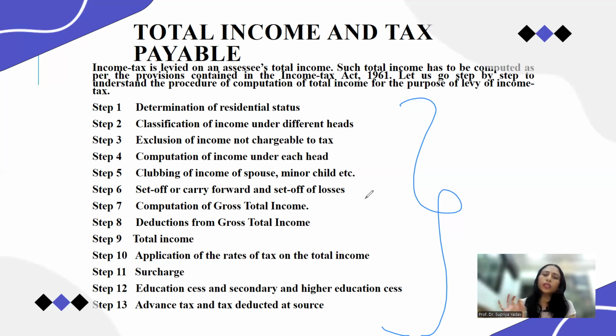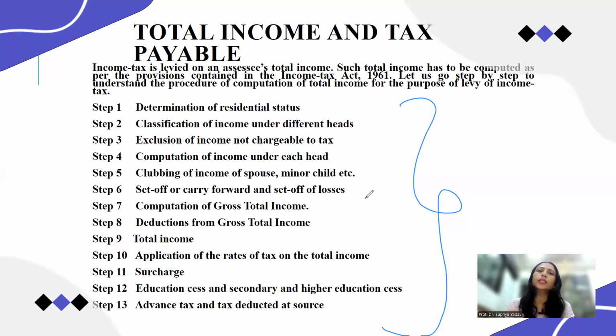Then after getting the gross total income, we have to deduct the deductions. There are many deductions as per Chapter 6A. Mostly, popularly, Section 80C tells you what can be deducted from the gross total income. That is going to save your taxes. So for example, suppose you paid an installment for LIC insurance plans of 10,000.